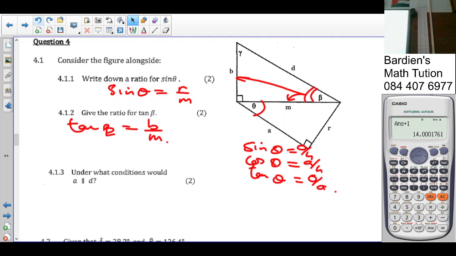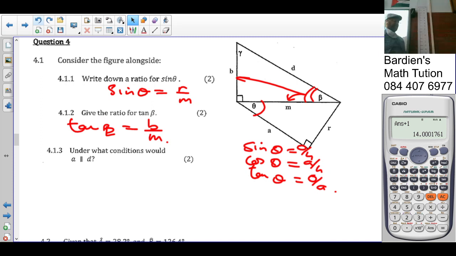In 4.1.3, the question says, under what conditions would A be parallel to B? Under what condition would line A be parallel to line B? The question you should ask is, if these lines were parallel, what would you have? Alternate angles would have been equal.